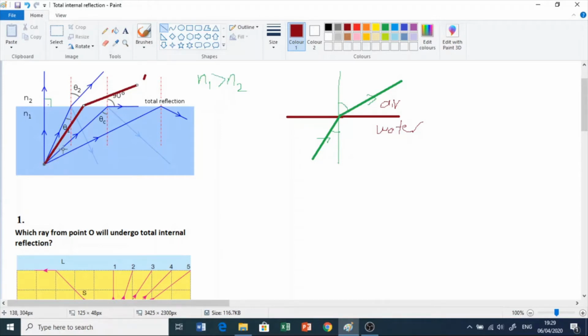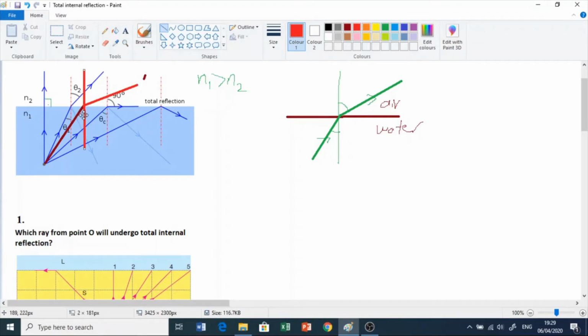Now look at this light ray from the same source. As you see, as we increase the angle of incidence, here the angle of incidence is 0, here we have some angle of incidence, here we have another angle of incidence. This is the normal.